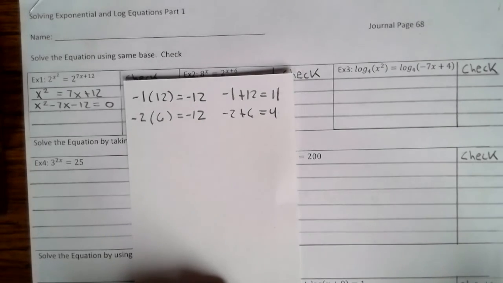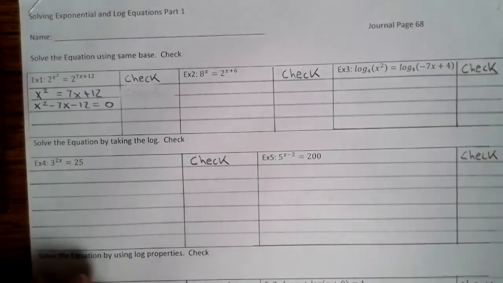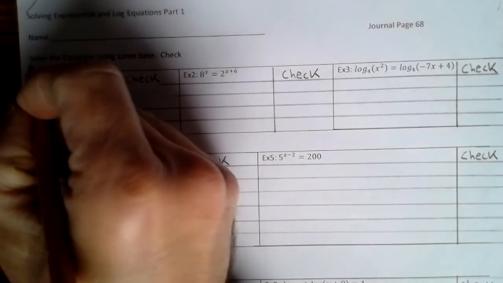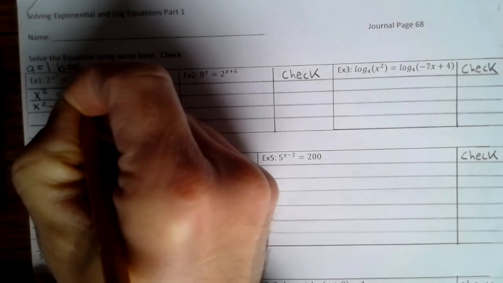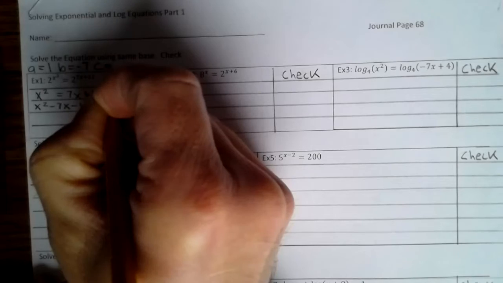Okay, so we come back here and we know that a is 1, b is negative 7, and c is negative 12.